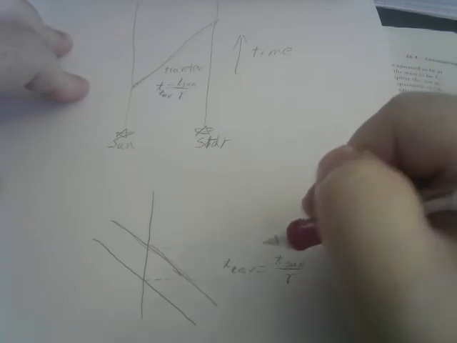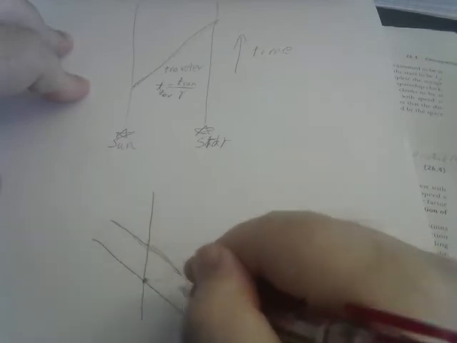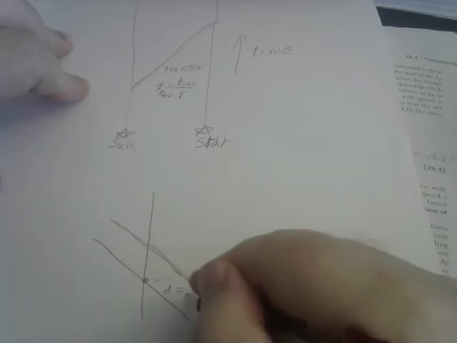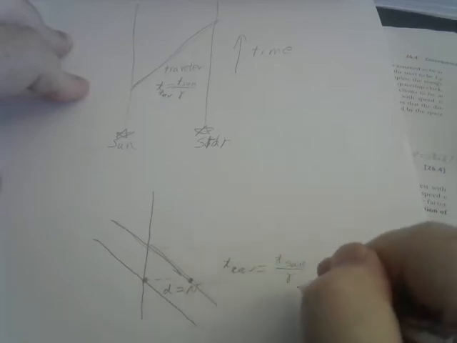So we basically got the star over here covering this distance with the same velocity as we had before, and the t sun over gamma.